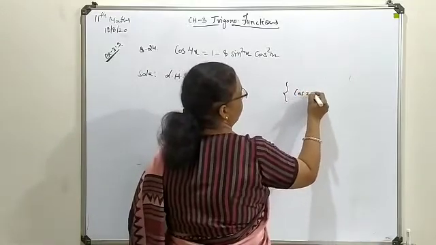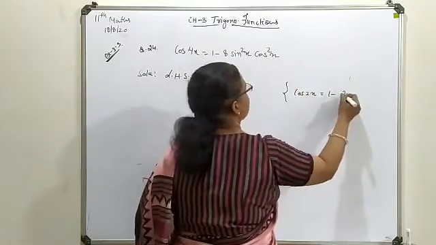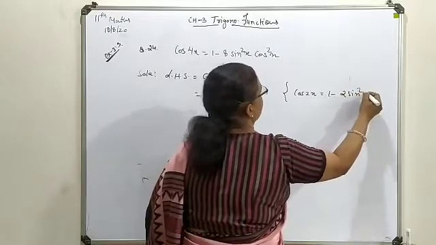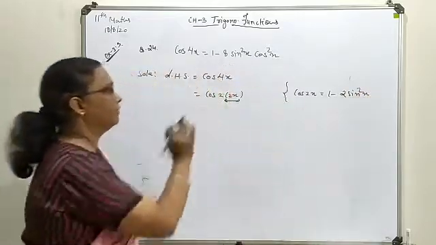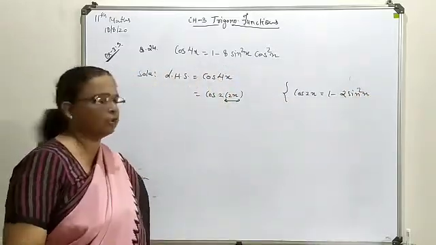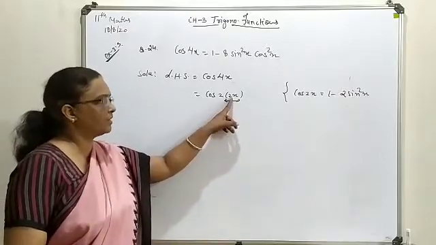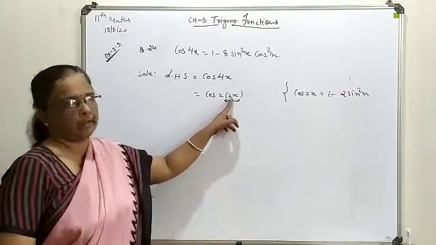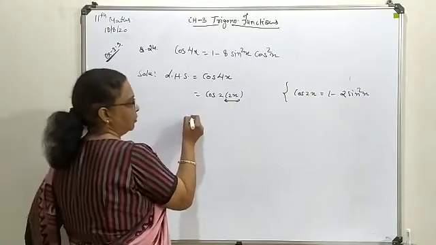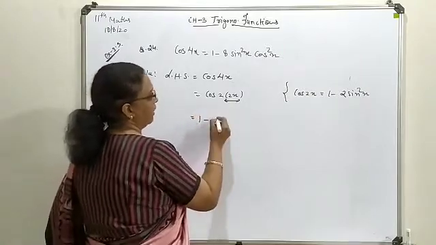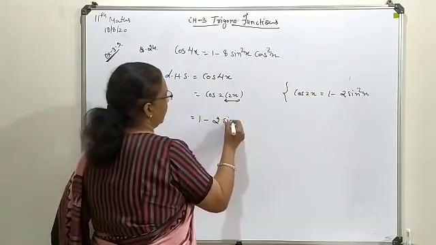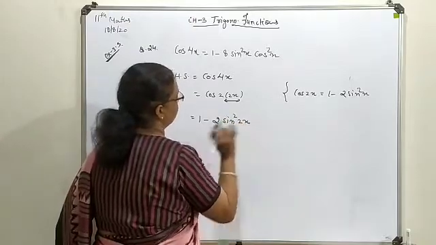Cos of 2x, it was written as 1 minus 2 sin square x. So this formula we will implement here. Only the one change you will have, in place of x now you will write a 2x. So substitute over there in the formula form: 1 minus 2 sin square 2x.